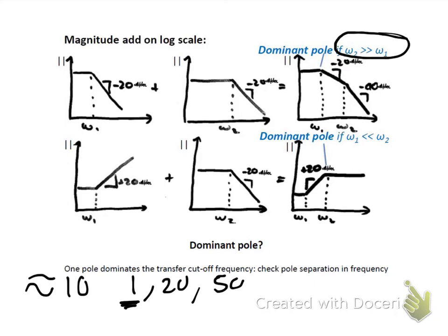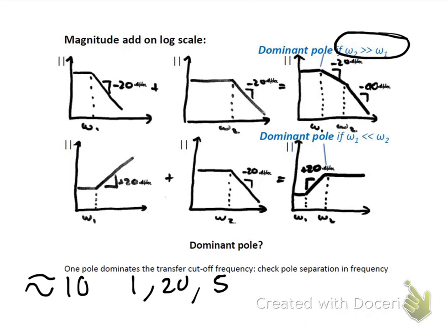If this was a case of 1 to 100, you can't call this your dominant pole because your dominant pole is only your first pole. And because these are only separated by 2, this would mean that this is not your dominant pole either.